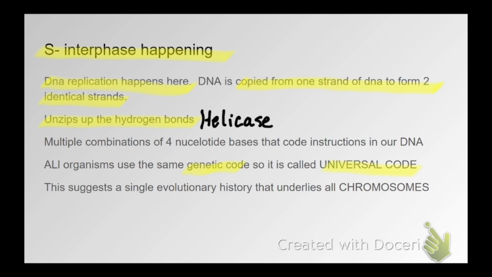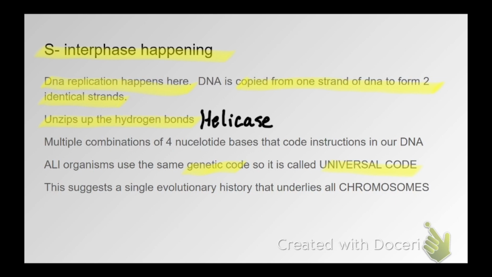It unzips with helicase. Now, what I'm about to give you is a simplified example. There are more steps in it. We're not going to dig into the specifics right now. I just want to give you a brief overview so that later you're prepared for specifics.